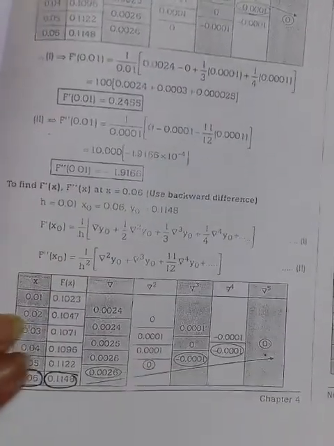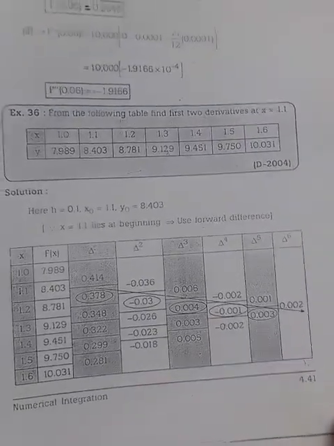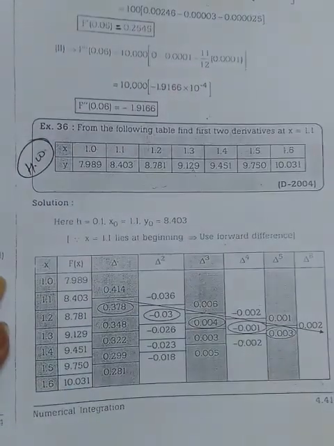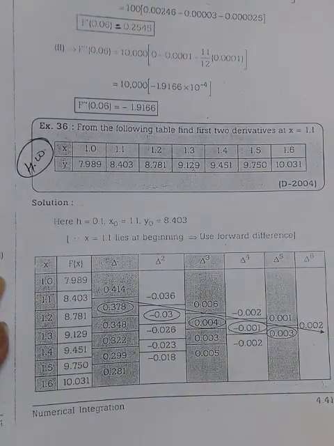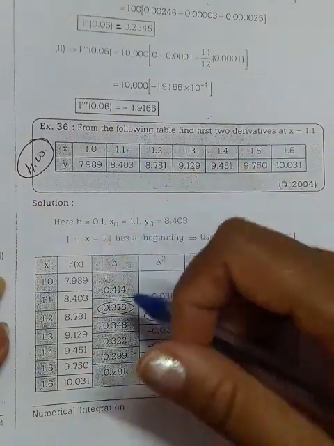Now these are some homeworks for you. From the following table, find the first two derivatives at the point 1.1. 1.1 is at the start, so we have to make the forward difference table.